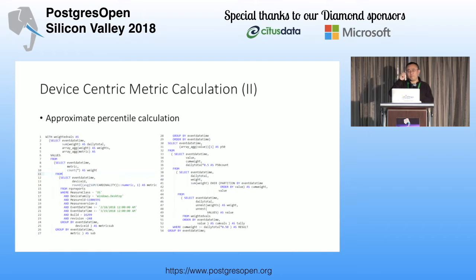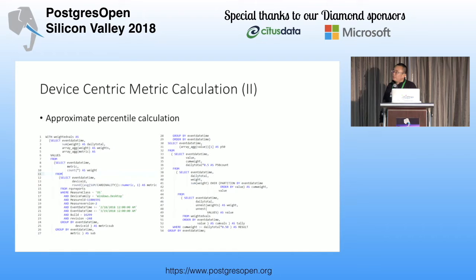So after you bucket it, then I use the SQL window function to calculate the prefix sum, so the weight and value pairs are aggregated horizontally. Once you have the prefix sum, you can almost slice into any percentile you want, right? In this particular case, it's a P50, but you can also get a P90 and things like that.